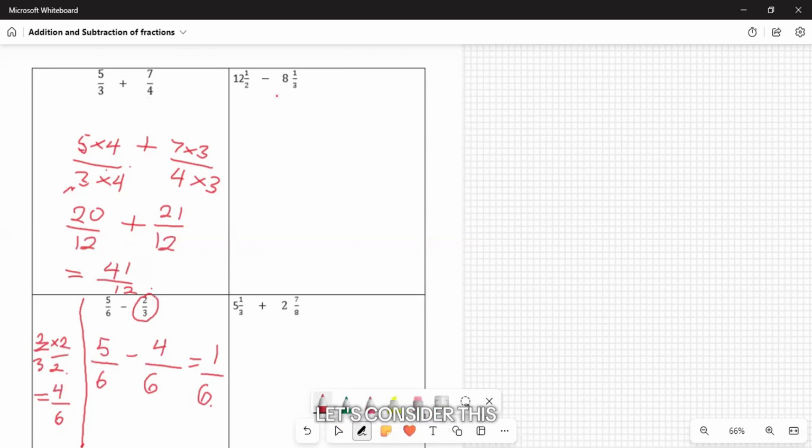Let's consider this. This is a mixed fraction, which we convert to an improper fraction. What it means is that 2 people were going to share a number of items and each one had 12. So the full ones they had was 24, because you multiplied 2 by 12. So 2 by 12 is 24 plus 1, and you get 25. So you have 25 over 2 minus, now let's think about this.